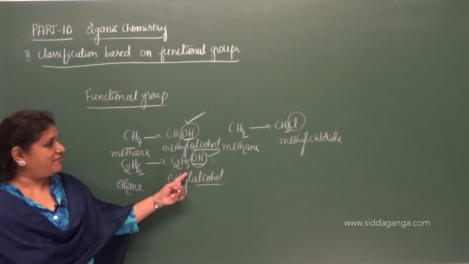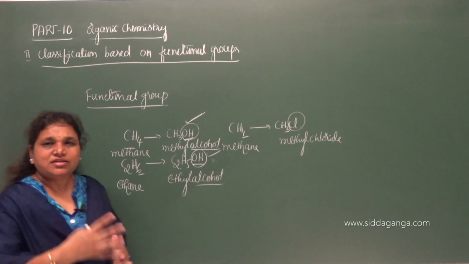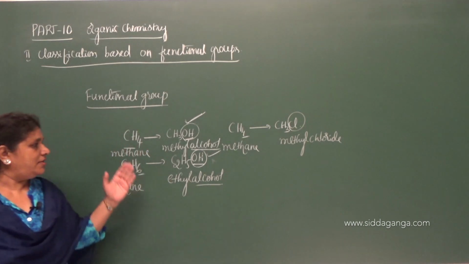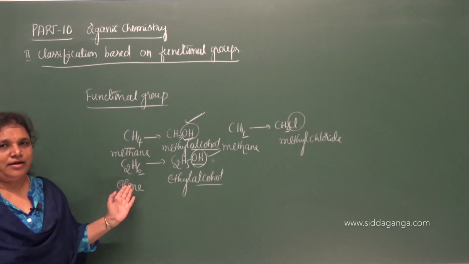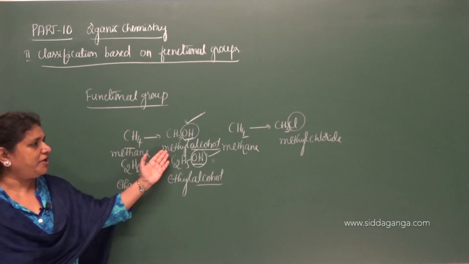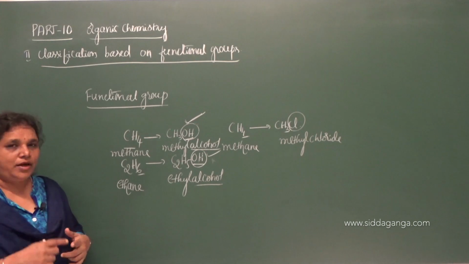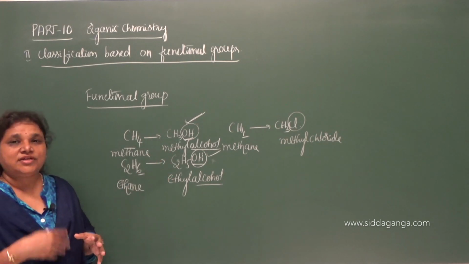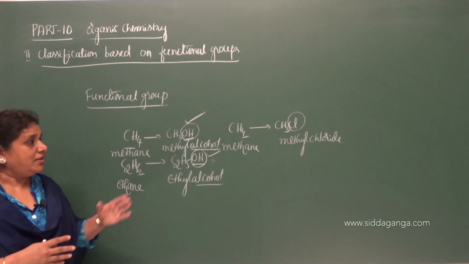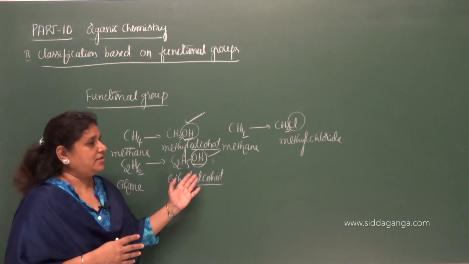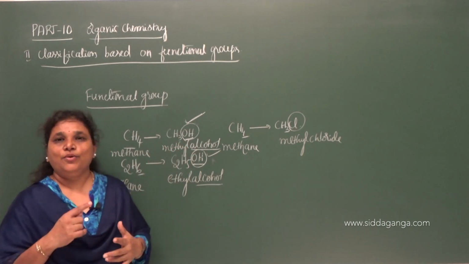Due to the presence of the OH group, the properties of the parent alkane change. Methane gets converted to methyl alcohol due to the replacement by the group OH, and thereby the properties change. So the change in properties is because of the presence of the OH group.